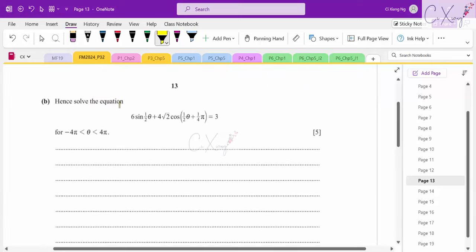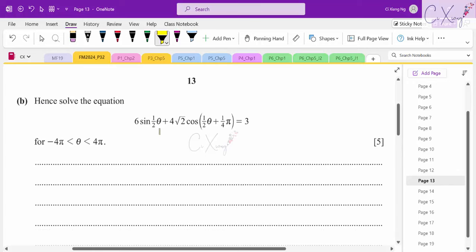All right, so for part B, they said hence solve this particular equation. Since they are using the word hence, that means you have to use the result in part A to continue with the solution here.